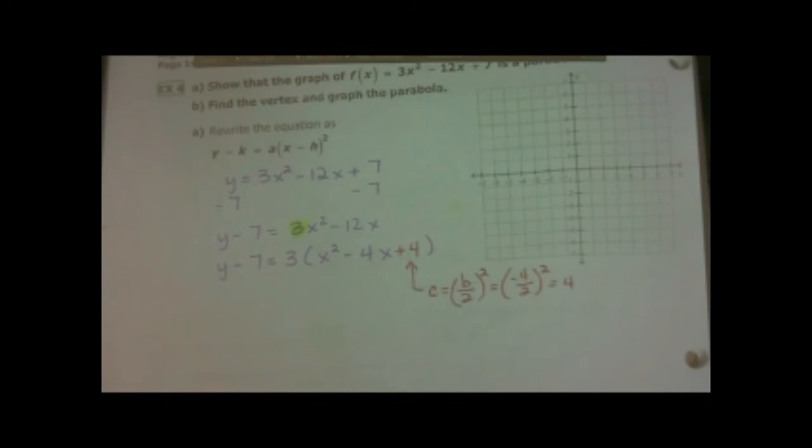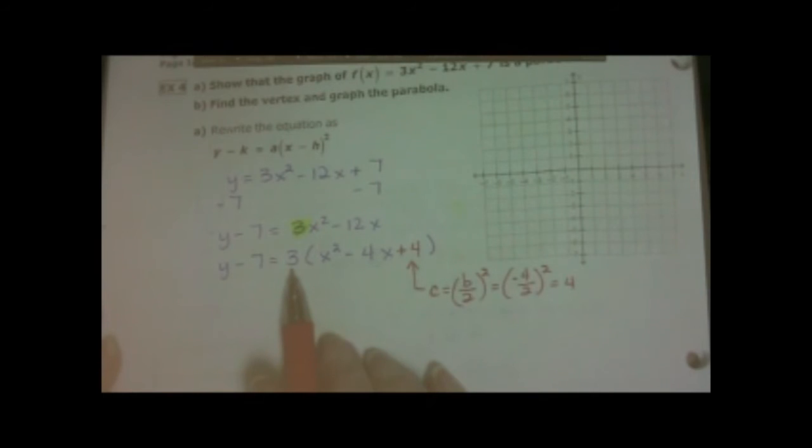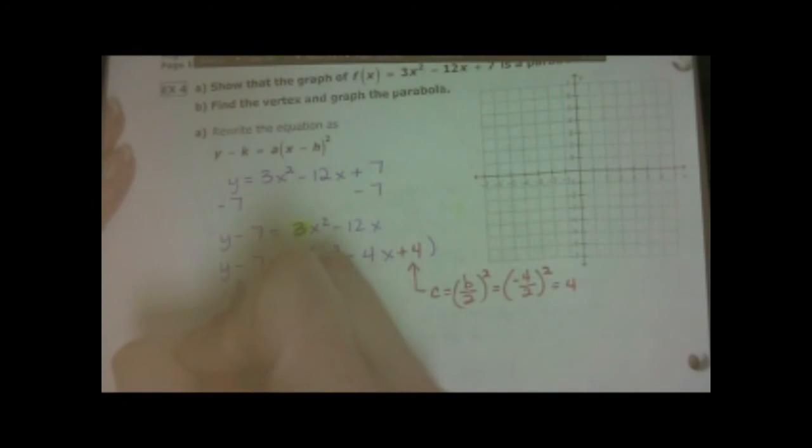But remember, I'm not really adding 4 because it's in parentheses with the 3 in front. 3 times 4 is 12. What I'm really doing is adding a 12. So on the other side, add 12. Now you've done the same thing on both sides.